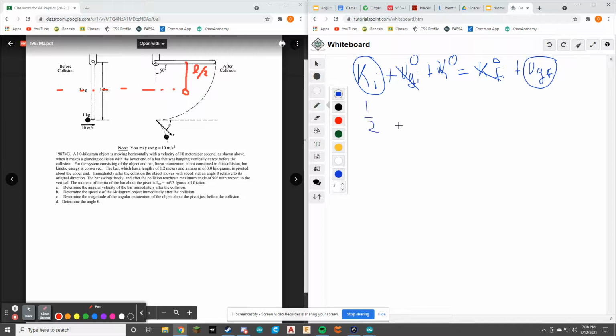Since it is rotating, we have rotational kinetic energy, which is 1/2 I omega squared, and that will be equal to mgh. In this case, h is L over 2.